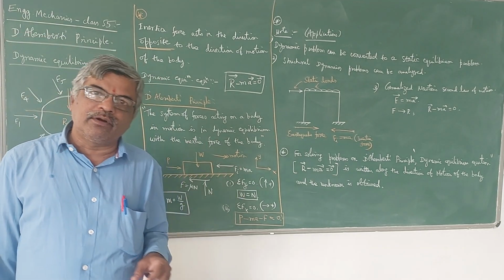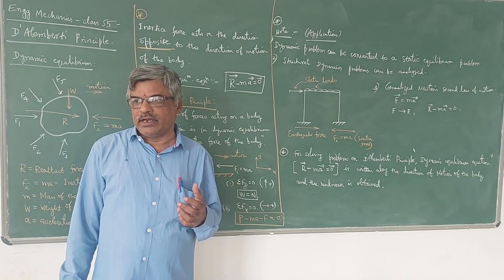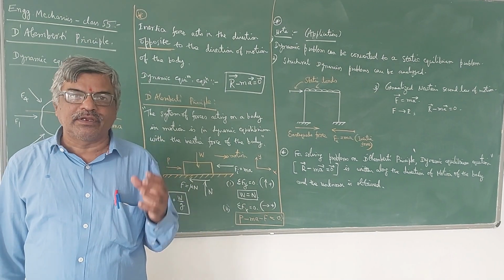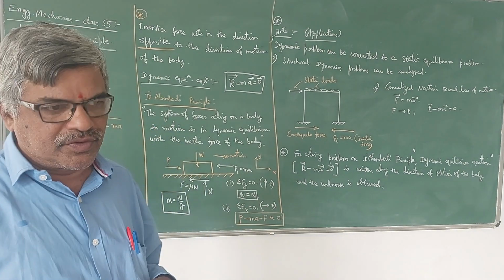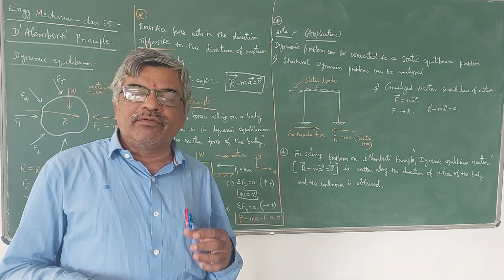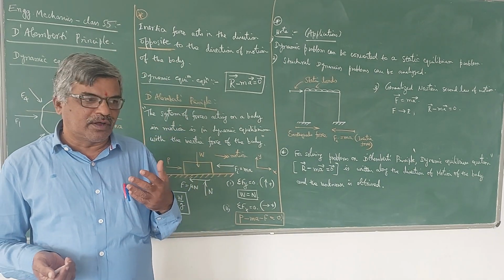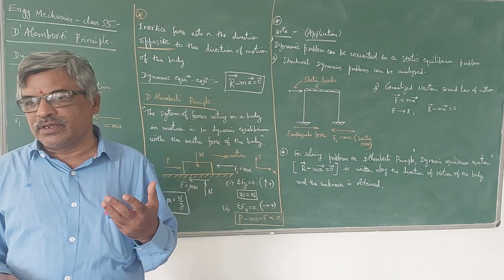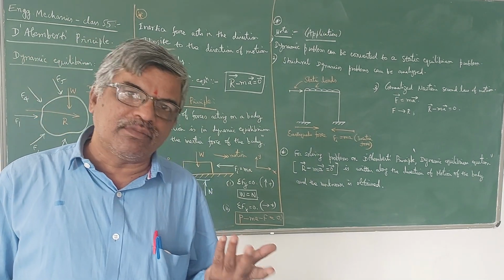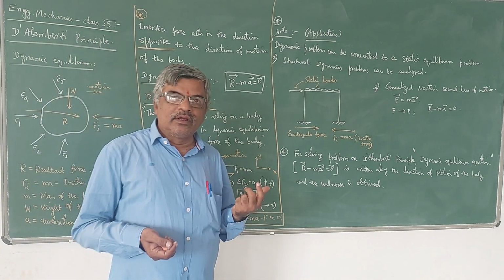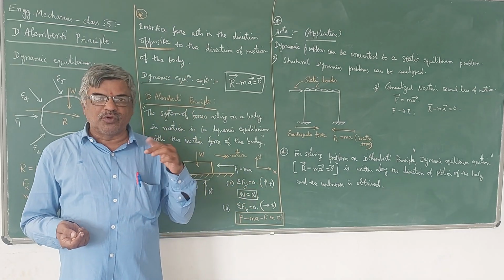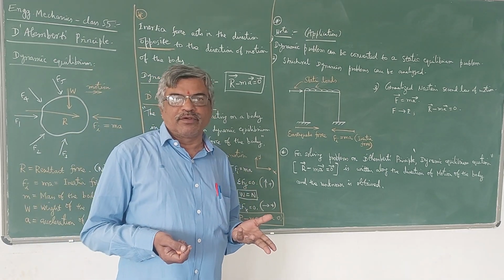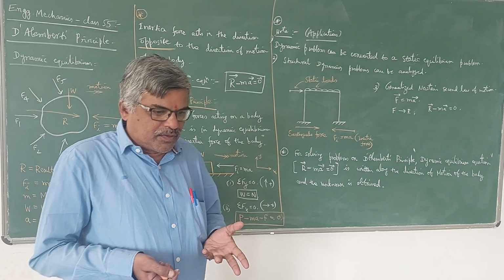We have learned about static equilibrium conditions, whenever a body is at rest and subjected to a system of forces. Three equilibrium equations are used for non-concurrent force systems: sigma Fx = 0, sigma Fy = 0 and sigma M = 0. Whereas for a concurrent force system we use only two equations, sigma Fx = 0 and sigma Fy = 0.